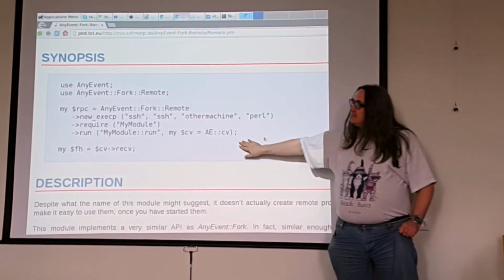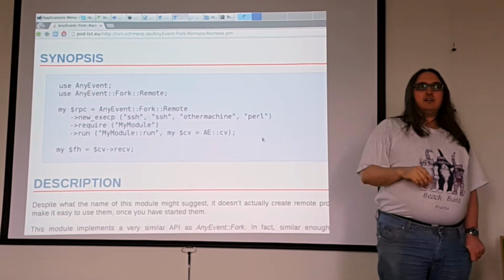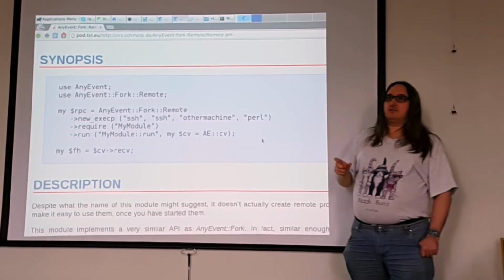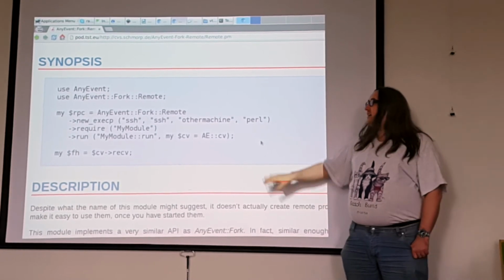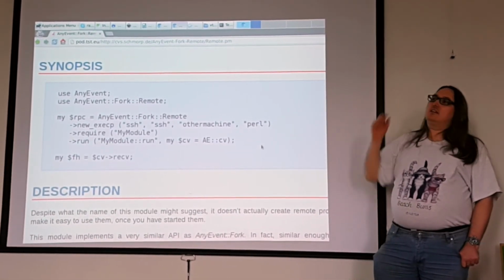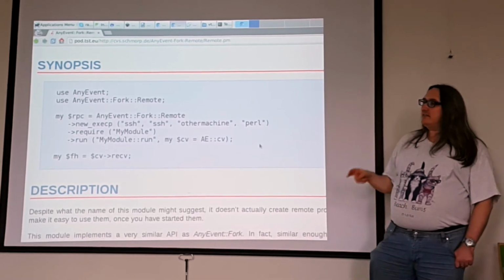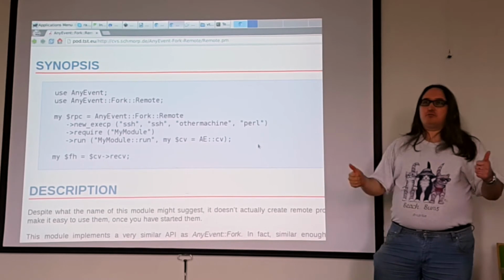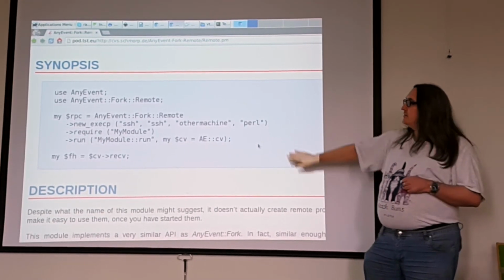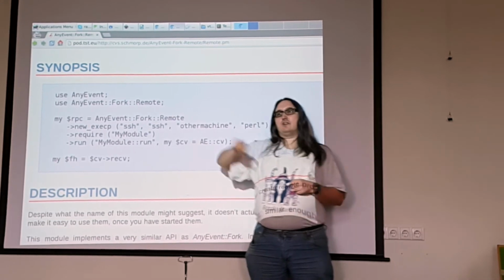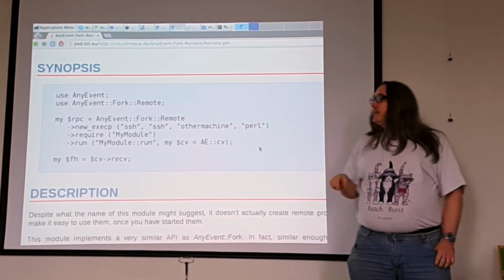And the difference is that AnyEvent fork hands one socket to the new process, and this one doesn't do that, because you really have two. SSH doesn't give you one socket, unfortunately. It gives you standard input and standard output, and they are separate. So this worker function needs to read from standard input and write to standard output.